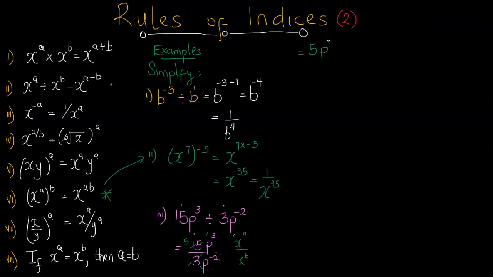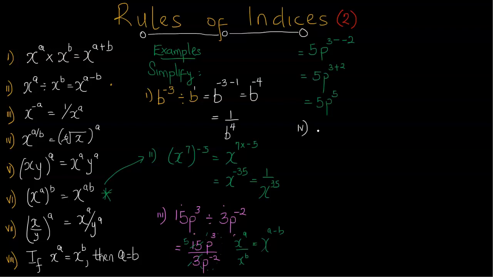So this is going to be p cubed. Then since this is going to be x raised to the power of a minus b, the division practically changes to a minus. Then I've got a -2 below. So this is 5p raised to the power of 3 plus 2. This is 5p raised to the power of 5. This is my final answer.